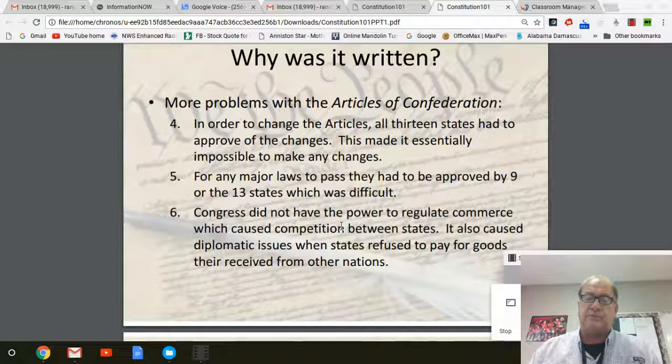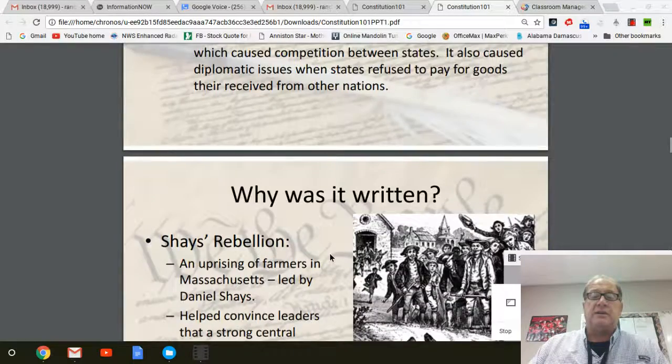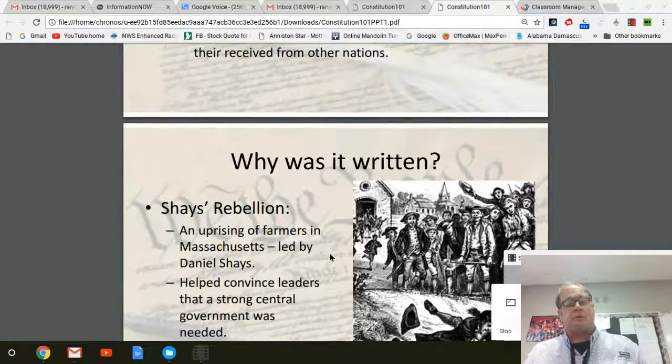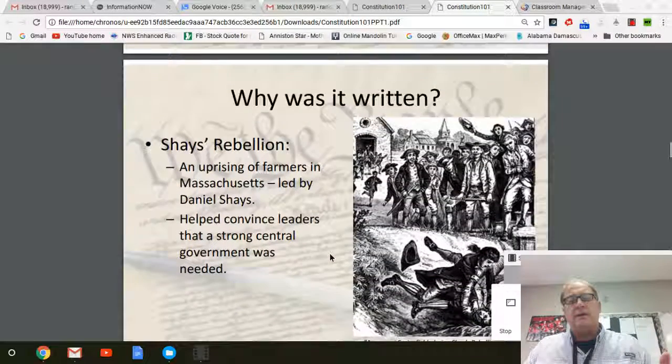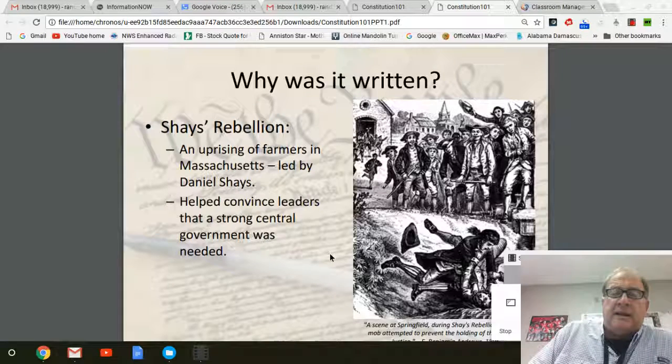It also caused diplomatic issues when states refused to pay for goods that were received from other nations. It's like when you don't pay somebody, the people you don't pay come to your parents. Well, the states refused to pay money. Therefore, the foreign governments came to the Confederation Congress, who said, we can't get money from the states.